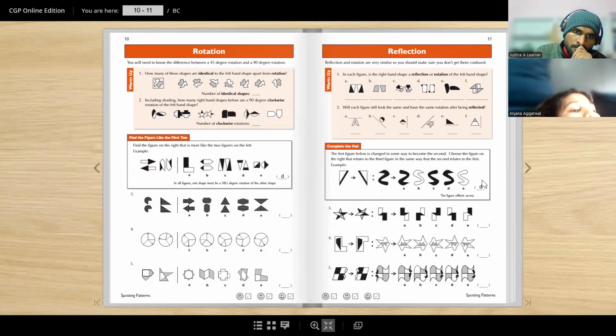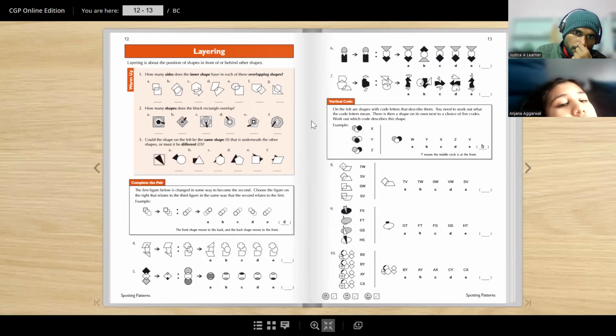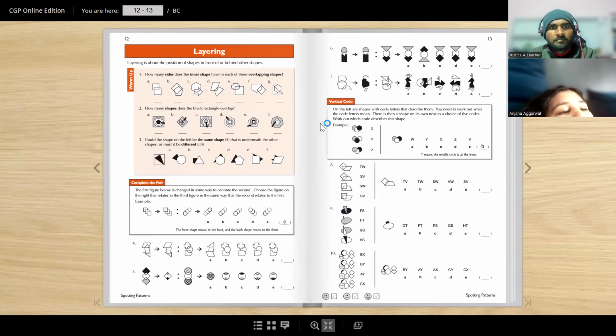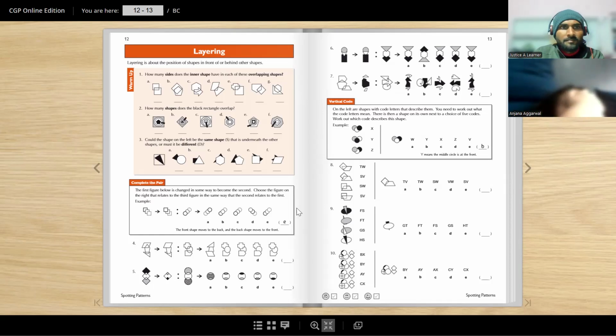I have to do this with you because I'm really bad at reflection and rotation. I can do the next one myself, layering. I'll do this for homework. Okay. You can do it in homework.